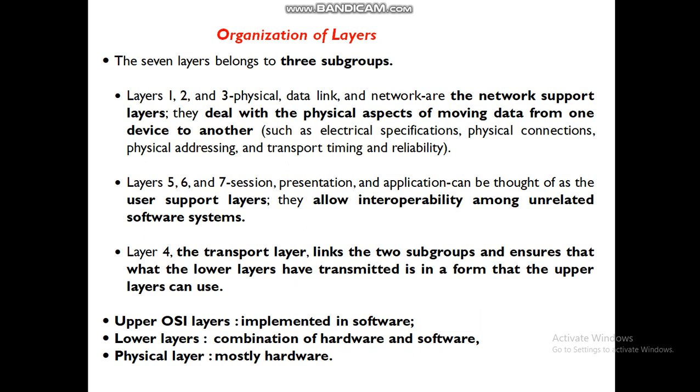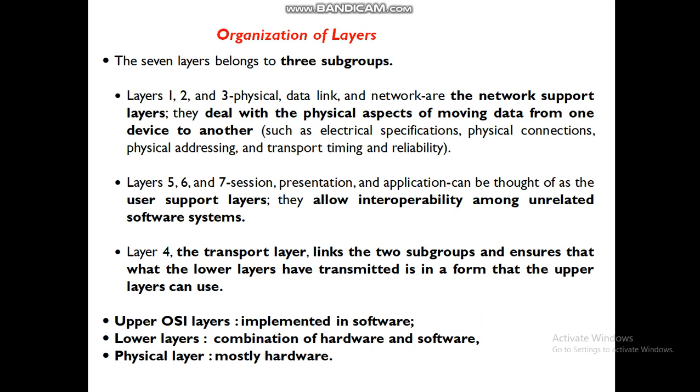Then how are the layers organized? This is already explained. Layers 1, 2, and 3 are known as the lower layers, and they are associated with hardware, and layers 5, 6, and 7 are the upper layers. They are closely related to the software side.